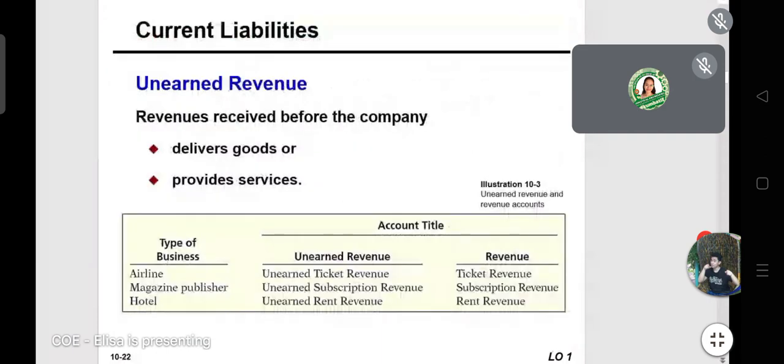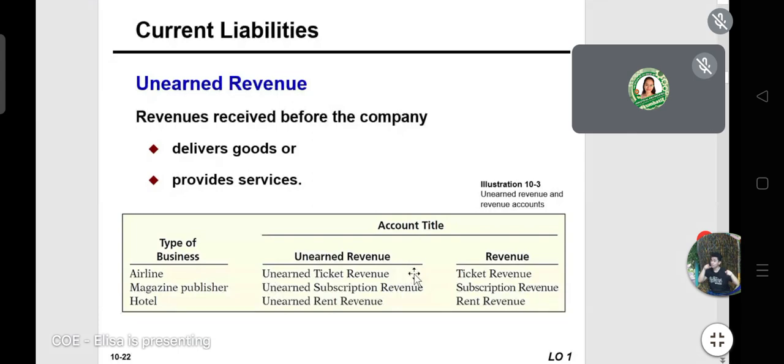Okay. So, current liabilities: unearned revenue. These are revenues received before the company delivers the goods or provides the services. Normally, this happens in industries like airlines, magazine publishers, and hotels. For example, in an airline, you buy a ticket first, then later you ride the plane.